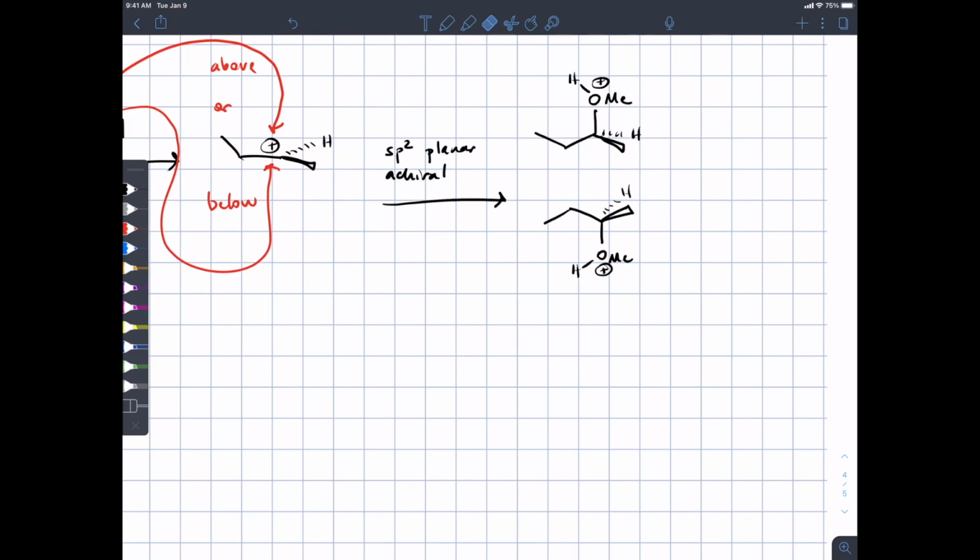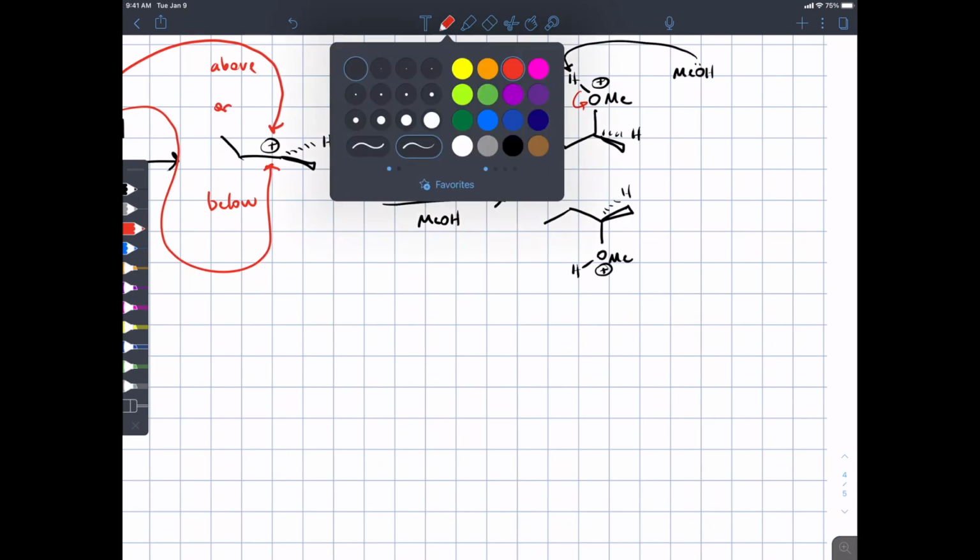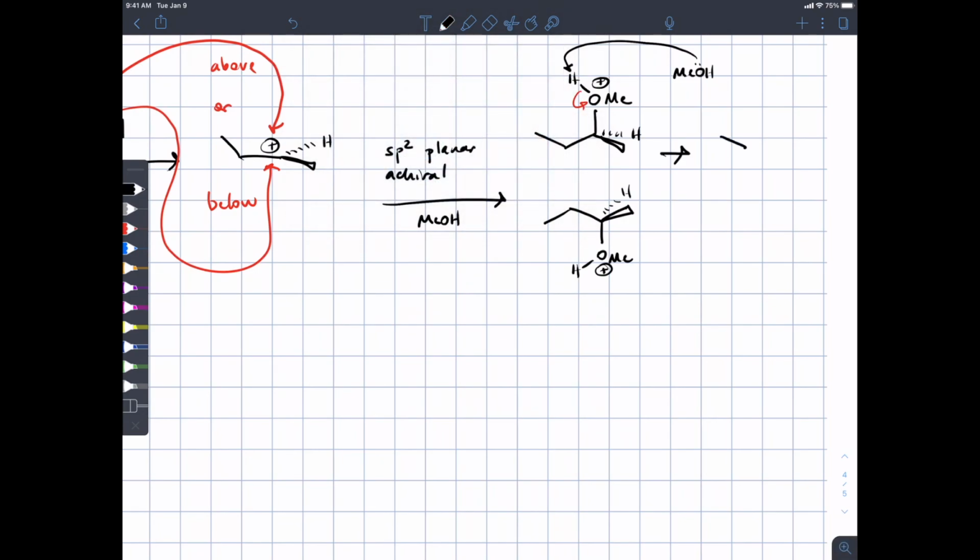What likely happens at this stage is methanol is our solvent, and additional methanol molecules, by Le Chatelier's principle, remove the proton from there, and you end up with your final neutral product. I guess the functional group we just made is an ether.